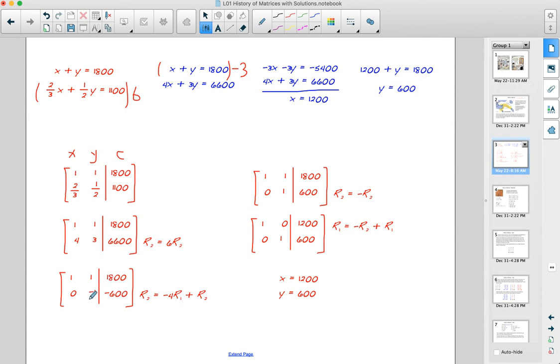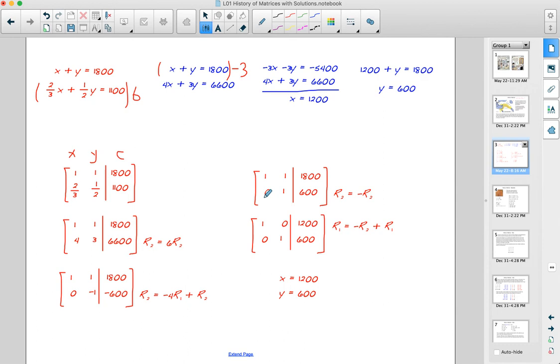And then I want the pivot to be positive 1, so I'm just going to multiply row 2 by negative 1, similar to how I multiplied that row by a negative. This would give me 0, 1, and 600. And then I would like to eliminate this, so now I will know exactly what x is. So in order to do that, I'm going to multiply row 2 by negative 1 and add it to row 1.